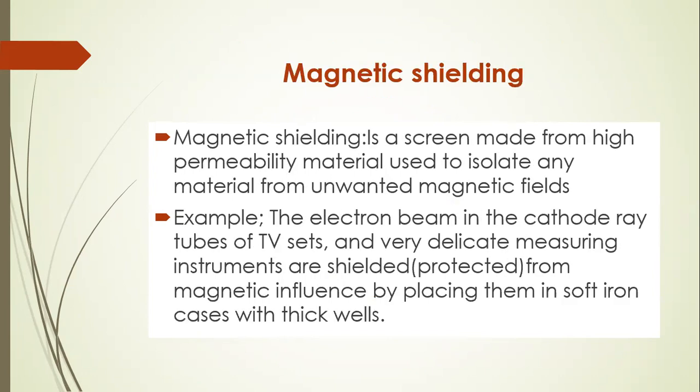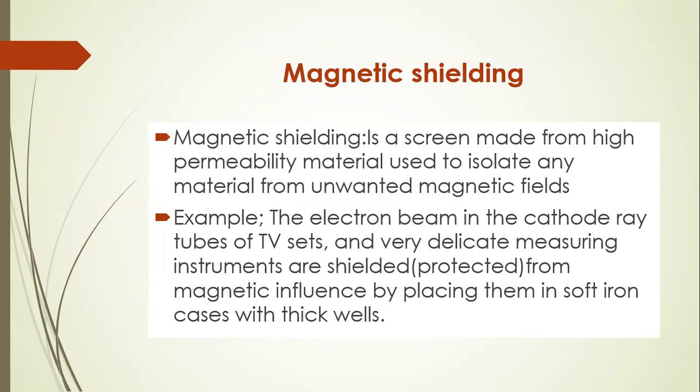Now let's see magnetic shielding. Magnetic shielding is trying to shield or protect a place from magnetic fields. It's a screen made from a high permeability material used to isolate any material from unwanted magnetic fields.